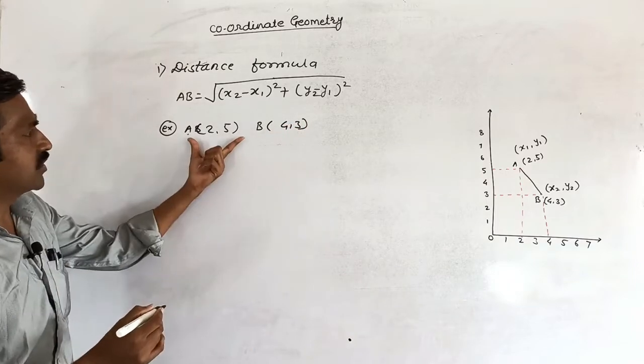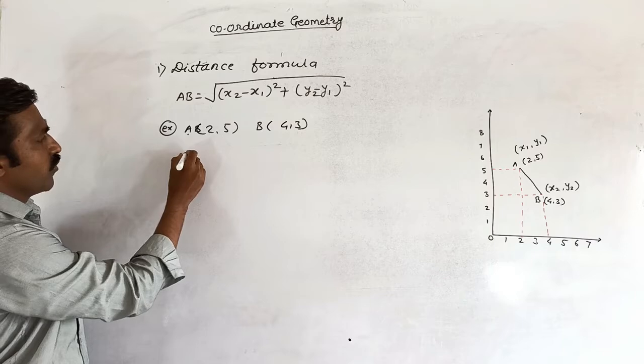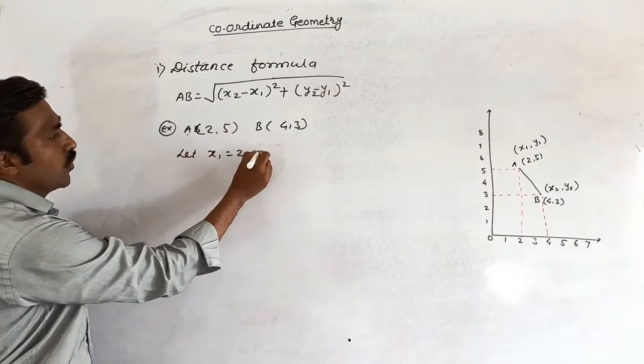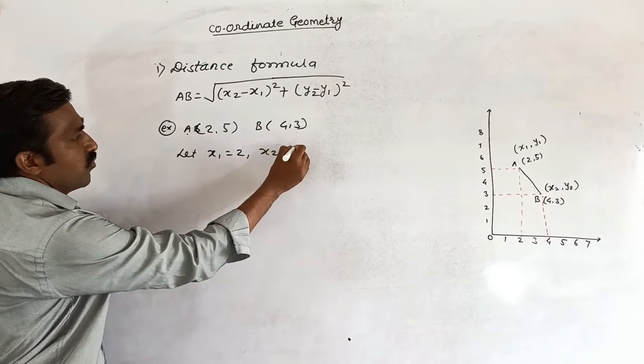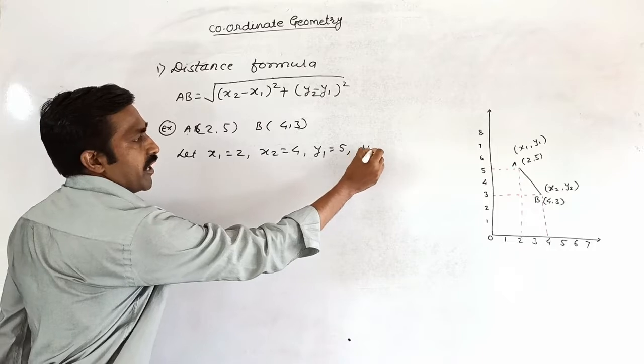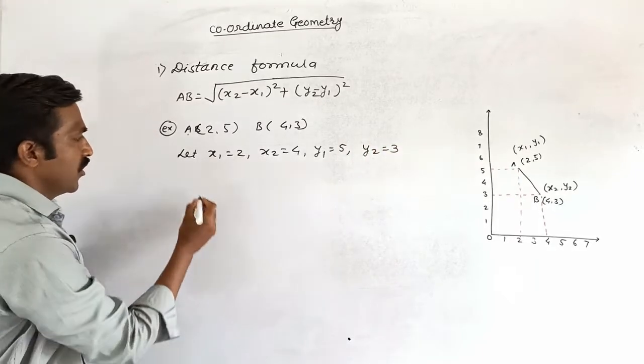Find the distance of AB. Using this formula, let x1 is equal to 2, x2 is equal to 4, y1 is equal to 5 and y2 is equal to 3.